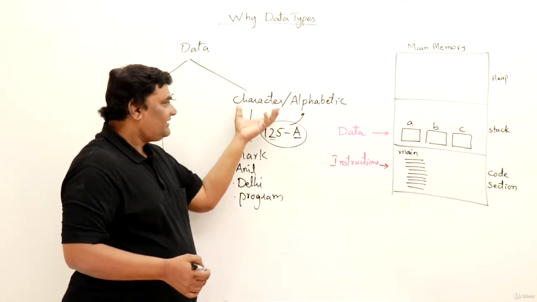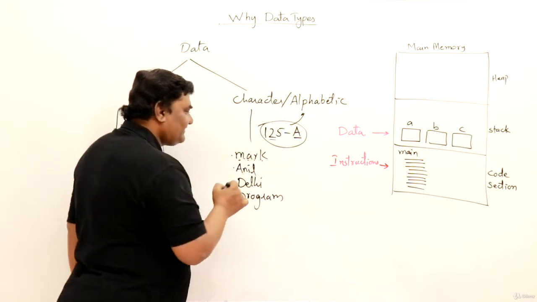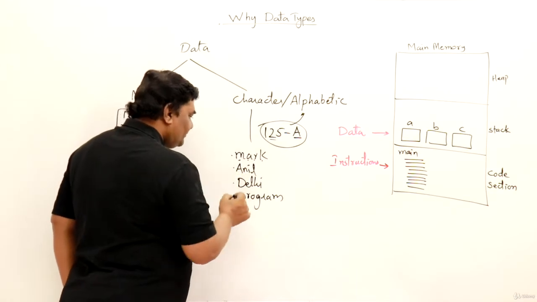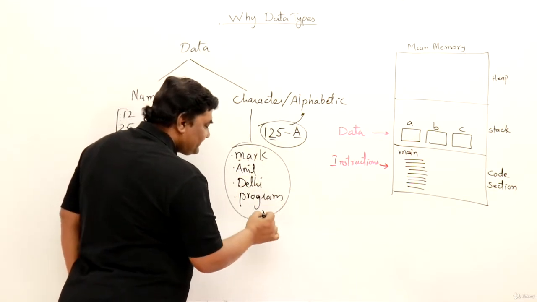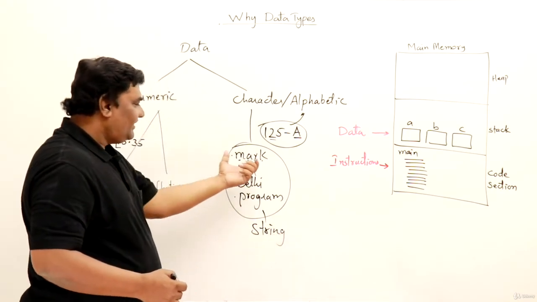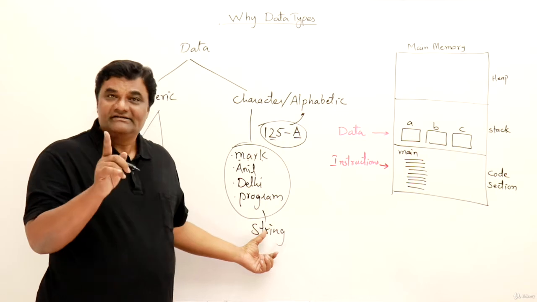These are nothing but characters. Actually a character is just a single letter. But together they form a string. So we call this a string in our program. A string is nothing but a collection of alphabets or characters that form a single entity.